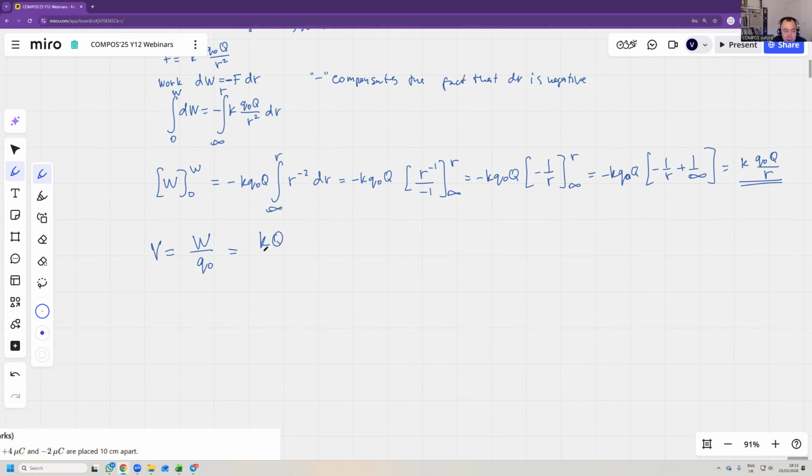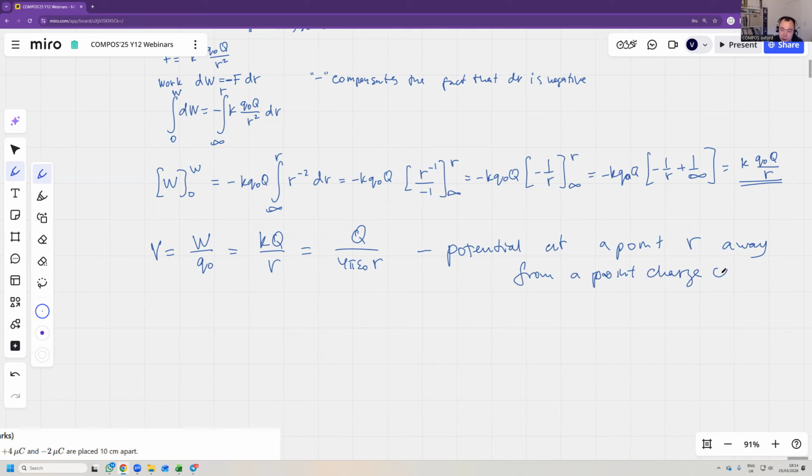Therefore, it's KQ over R, or Q over 4 pi epsilon R. So this is the potential at a point R away from a point charge Q. Or in other words, the potential of a radial field, potential in a radial field.